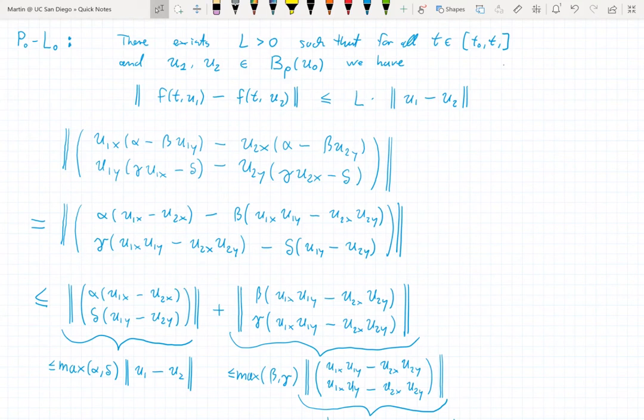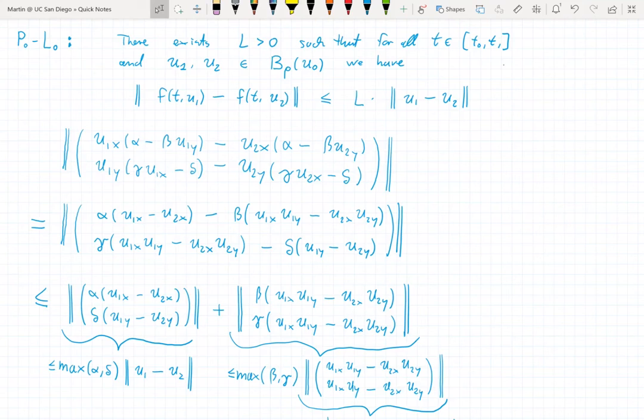Now to proceed, we regroup the terms in each component. So this Euclidean norm is equal to the Euclidean norm of the vector with first component alpha times (u1x minus u2x) minus beta times (u1x u1y minus u2x u2y).